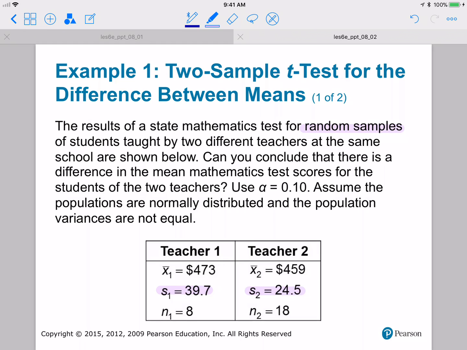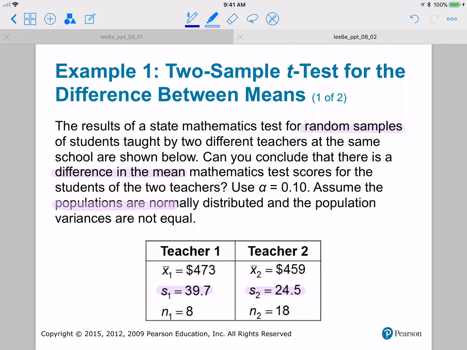The sample standard deviations. We are doing a test for the difference of means, because look at this sentence. It says, can you conclude that there is a difference in the mean, right? So difference in the means, it's written out explicitly.